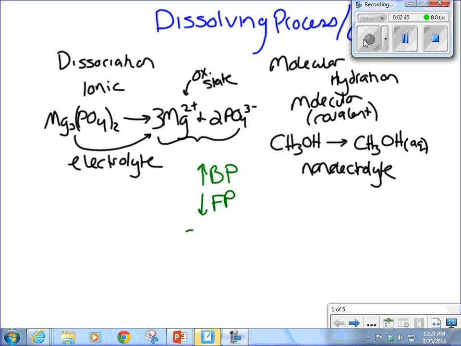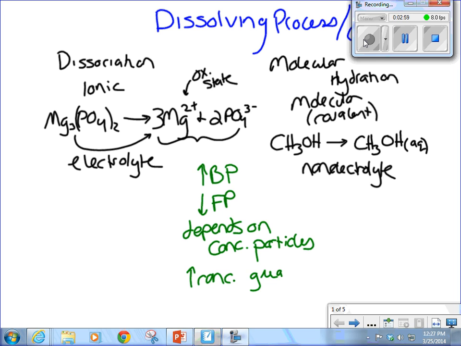This depends on concentration of particles only, not molecules, but particles, okay? The more concentrated, the greater the effect. That means a lower freezing point and a higher boiling point. The greater the concentration, the greater the effect.